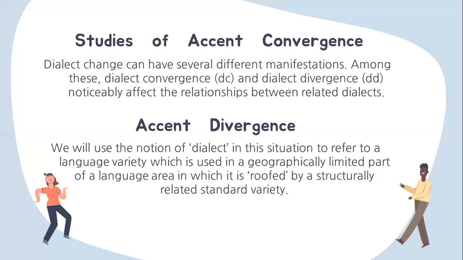And there is accent divergence. It talks about when a speaker seeks to alter their speech in order to make themselves linguistically different. Because we know that convergence and divergence can take place in an upward or downward direction.